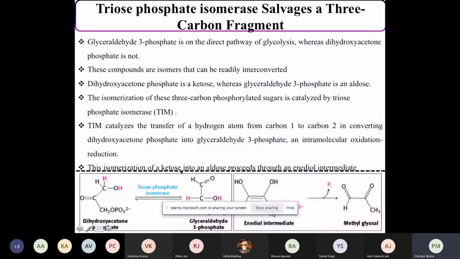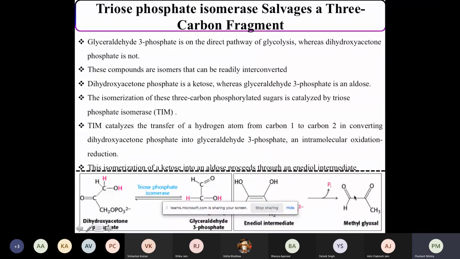Now, isomerization of a ketose into aldose proceeds through the enediol intermediate. So what happens? This enediol is formed as an intermediate. Now, this enzyme also does a very important job, that it does not allow non-enzymatic removal of a phosphate. Normally, this enediol intermediate can remove its phosphorus and it can form methyl glyoxal.